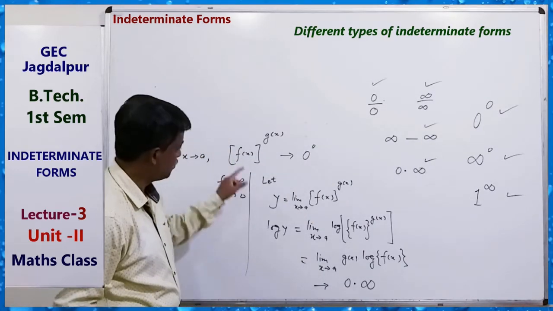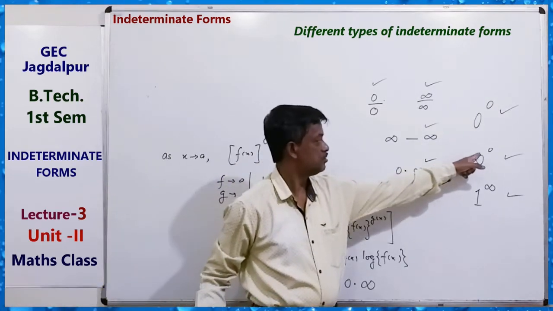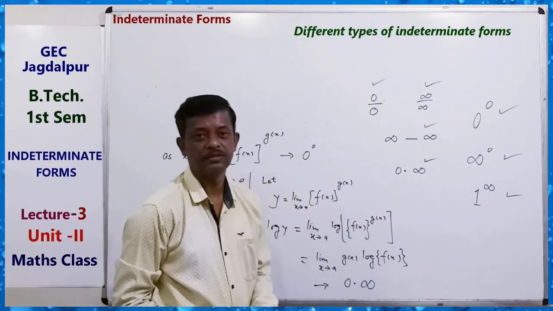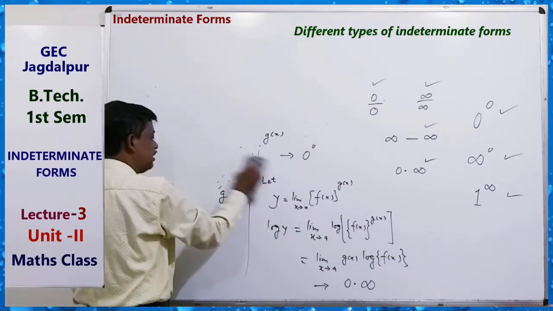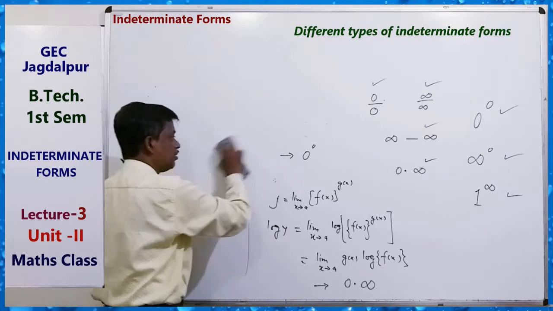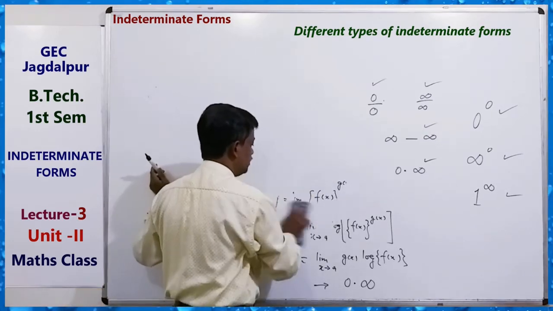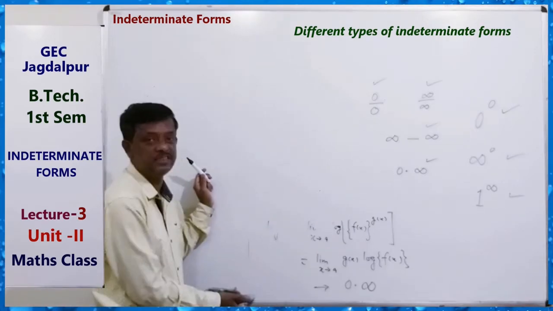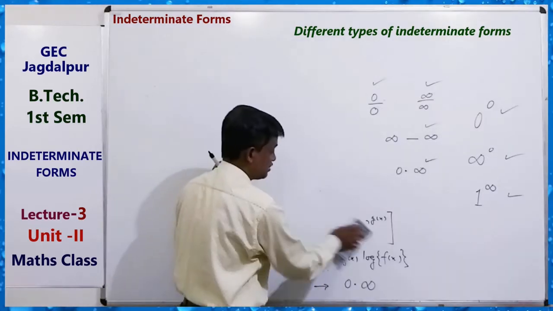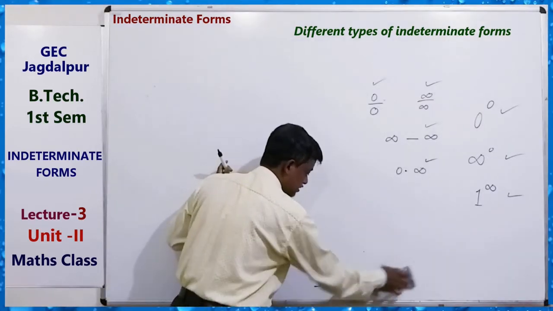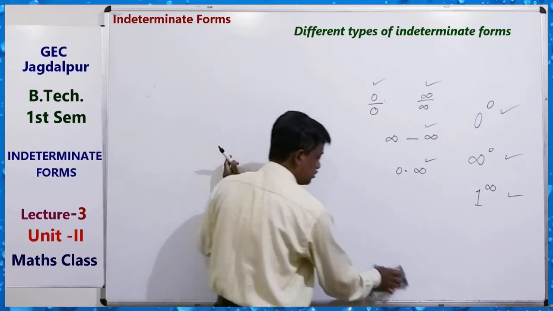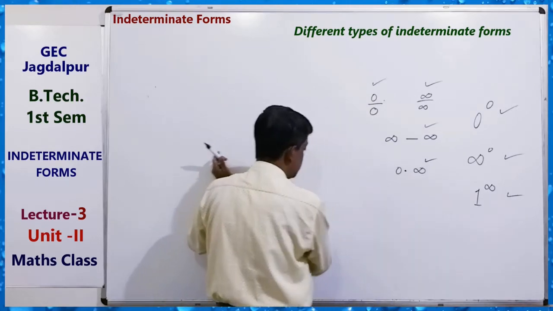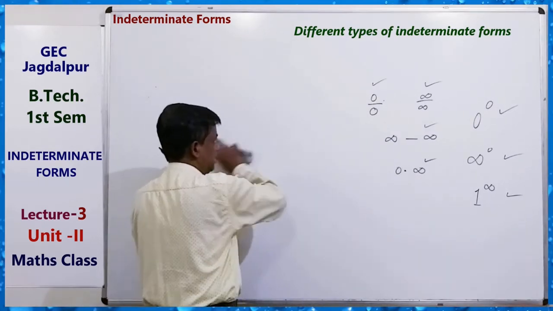This logic may be used here also. And for evaluating indeterminate forms, we can also use special series expansions, like e to the power x, sin x, cos x, tan x.